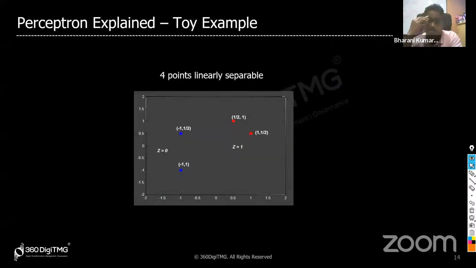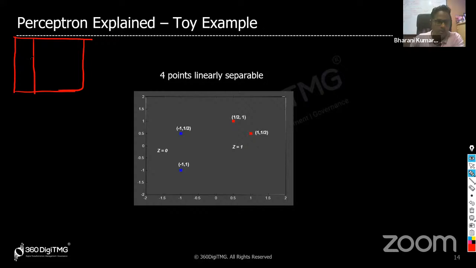Let's take a very toy example. Say you have a data set. Let me draw it here. In which you have an output variable and two input variables.